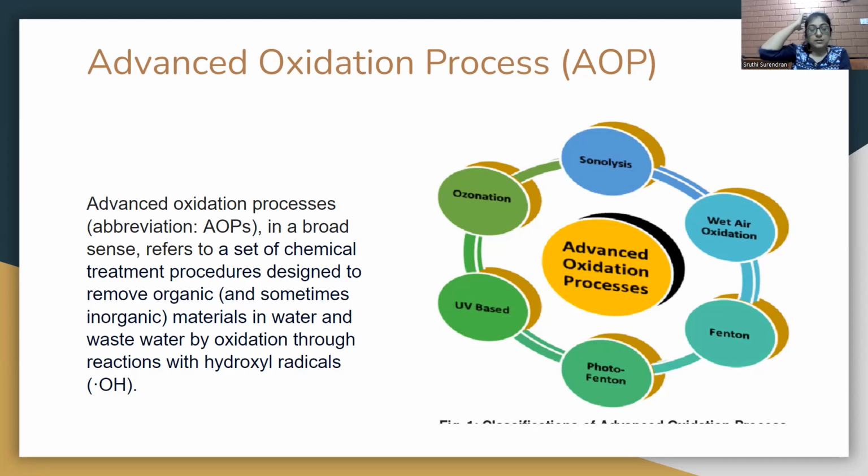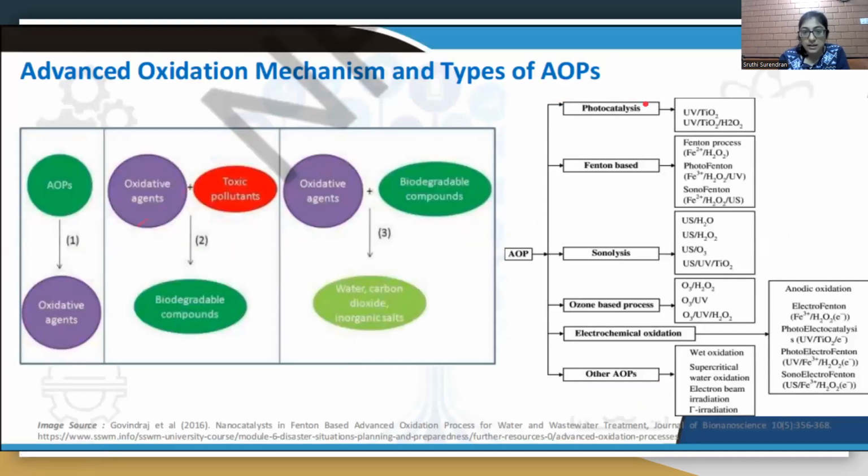In the slide you can see the different kinds: photocatalysis, sonolysis, Fenton based, photo-Fenton based, ozone based, electrochemical oxidation, and some other AOPs like wet oxidation, supercritical water oxidation, electron beam irradiation, and gamma irradiation. It would be good to keep in mind the different kinds of advanced oxidative processes.